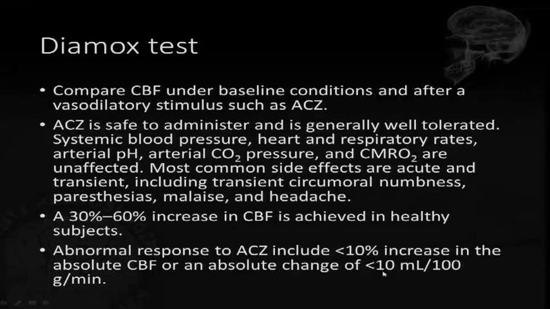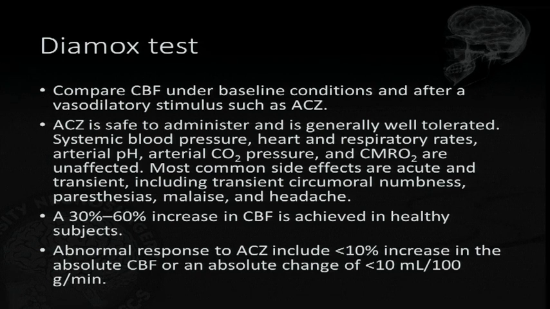Okay, we're going to compare that baseline blood flow before the Diamox injection to after the Diamox injection. In normal patients, there should be an increase in blood flow of about 30 to 60%, because what Diamox does is it vasodilates those intracranial vessels.